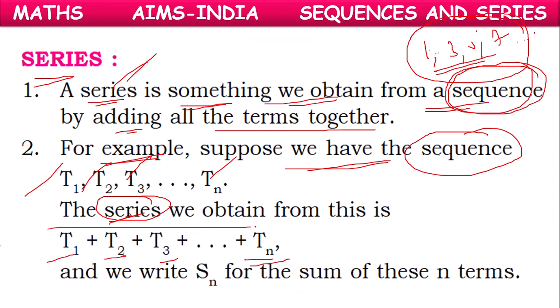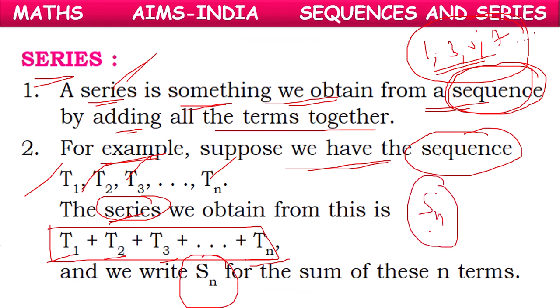And we write Sn, the sum of n terms. The symbol is Sn. So we represent this series as Sn, which means the sum of all n terms, starting from 1 to n. So this is the sum of n terms.